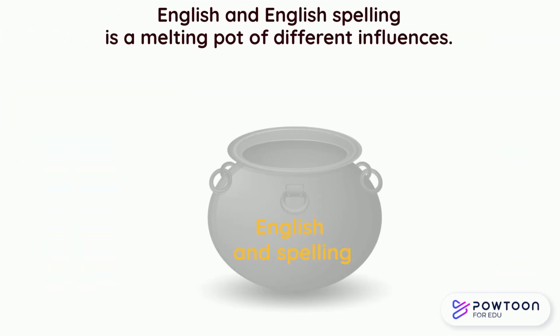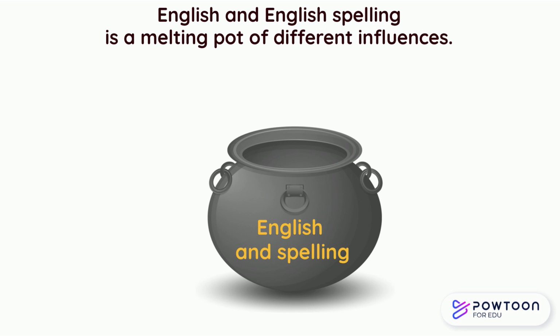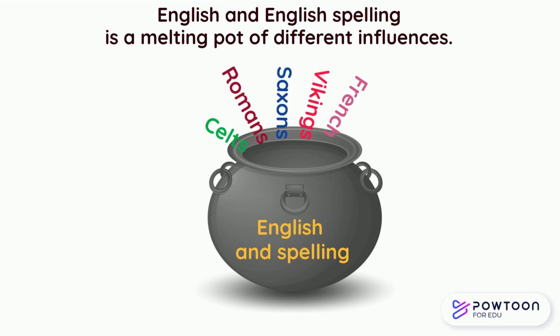English and English spelling is a melting pot of different influences and the tribes who conquered and settled here. The Celts, Romans, Saxons, Vikings, French, and the Germanic, Norse, Latin, Greek, French languages all mixed together to make a unique language and spelling system, English.